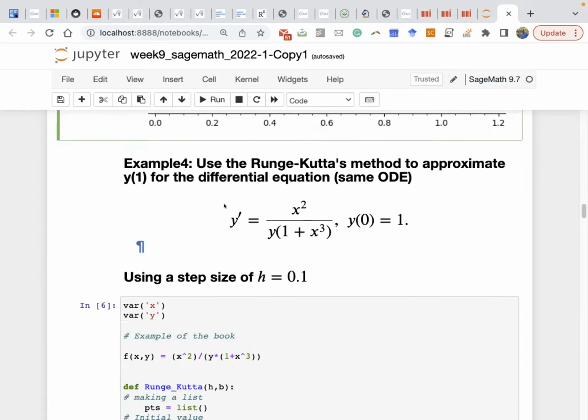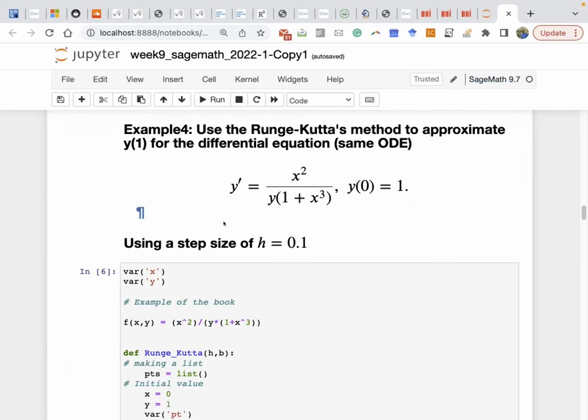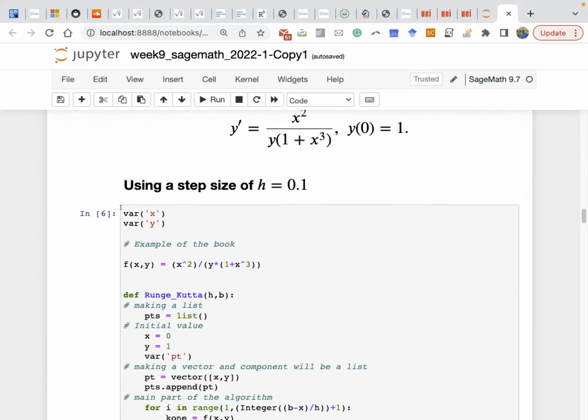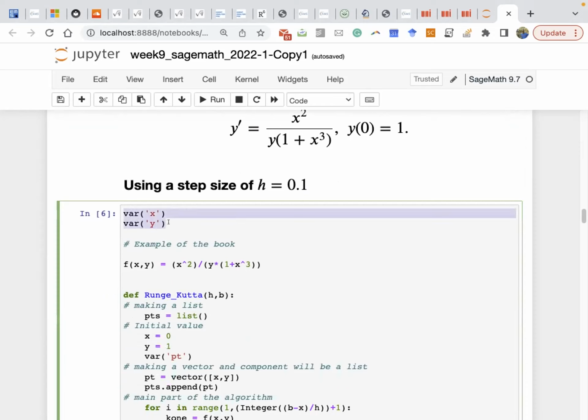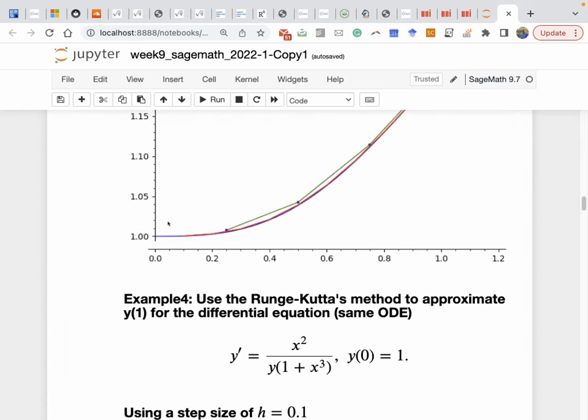Now, what happens if I do the same example? Again, it's given in example 4 in that course note. But rather than using improved Euler method, we can use Runge-Kutta. So XY variables, this is another way that you can define your variables.